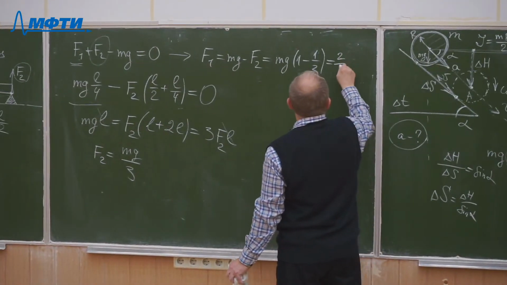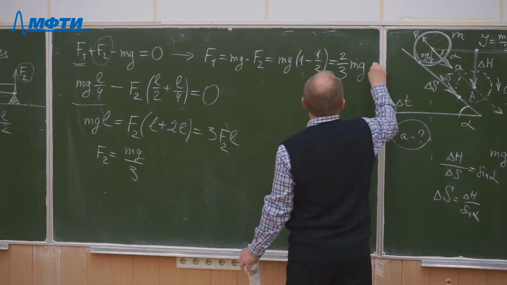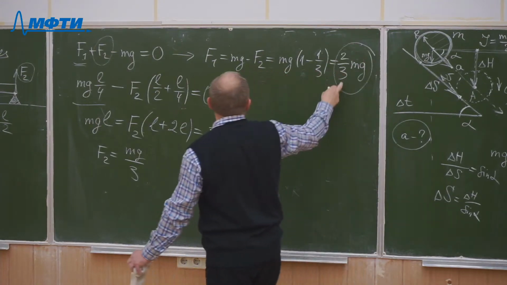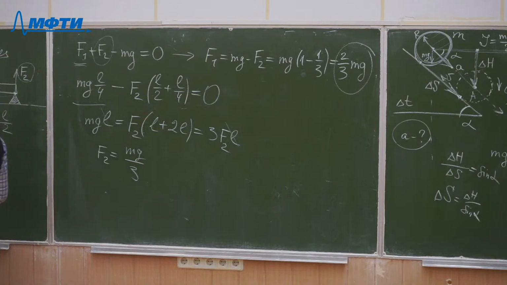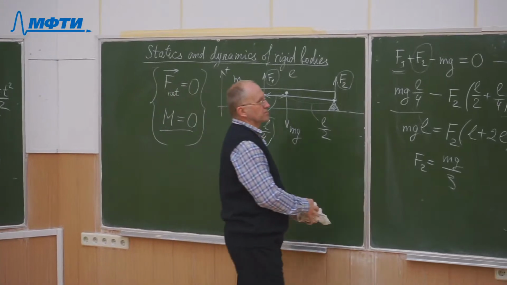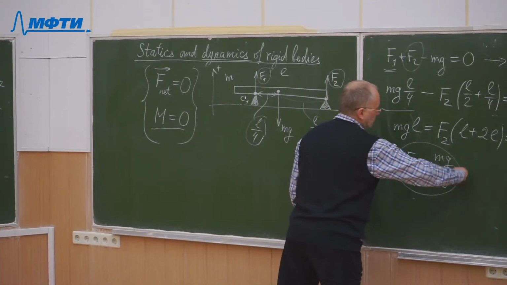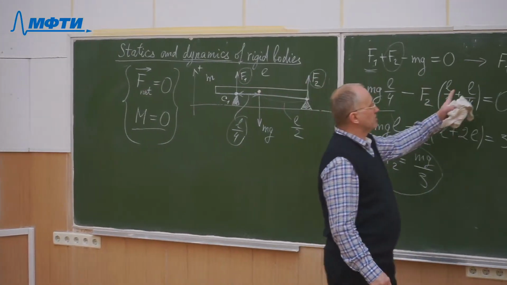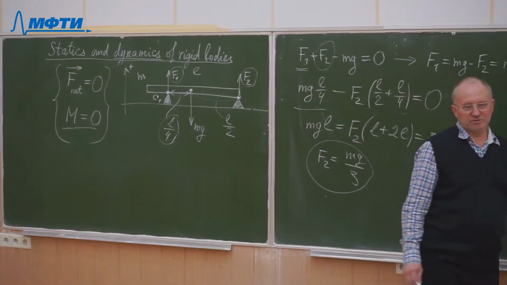That will be 2/3 mg. That is another force of reaction exerted by the support in point C1. So I have found all the forces. Force F2 and force F1. All the forces of reaction.